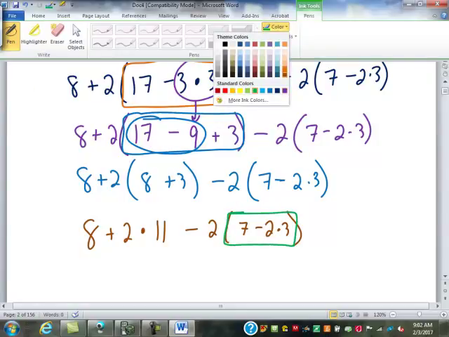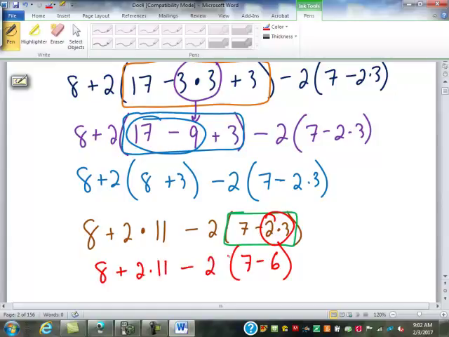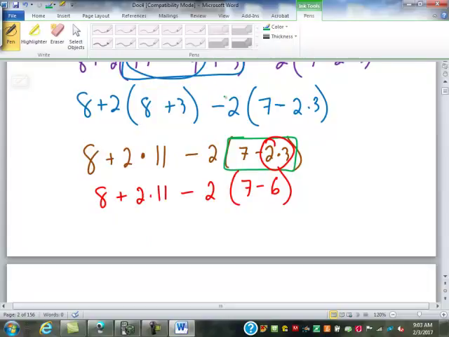So back inside of there, no other enclosing symbols, no exponents, but we do have multiplication. 3 times 2 is 6. And then we can do the 7 minus 6 is 1.